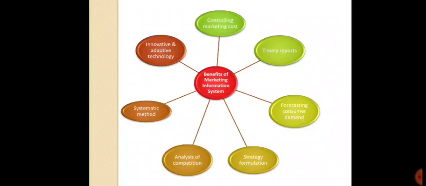Ever expanding markets create conditions that lead to technological progress, and a modern marketer must be innovative. If he wants to survive in the current situation, he must be innovative, and with the help of MIS, a manager can get the latest information regarding technological developments and can make decisions in the best way.